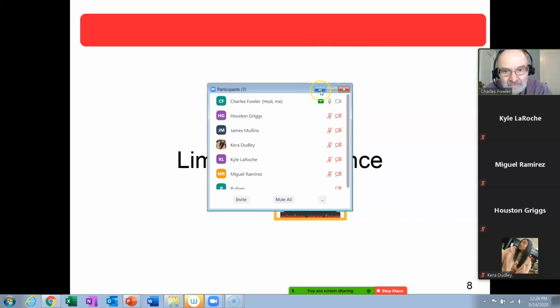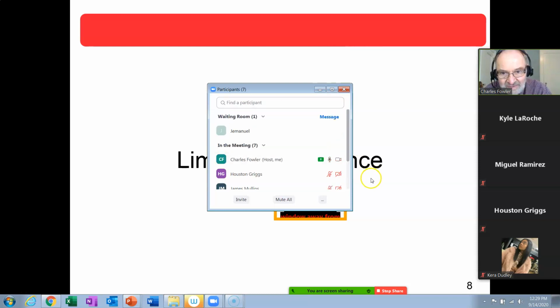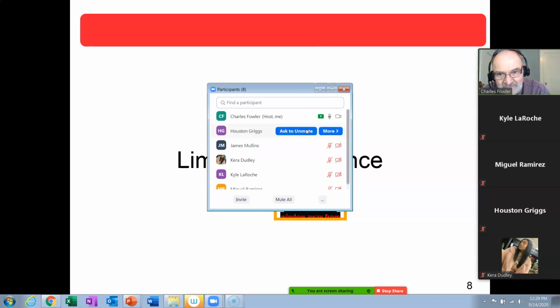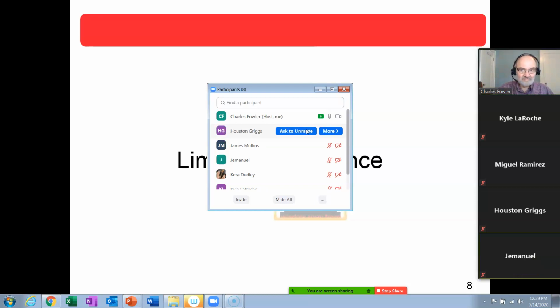Okay, well, I'm going to minimize this. And let's see. Okay, Jemanuel's here as Pullum, and he's trying to get in as Jemanuel. Has he got a duplicate here? Let's see. That should be 1, 2, 3, 4, 5, 6. Yeah. So I don't know what's going on with Jemanuel.